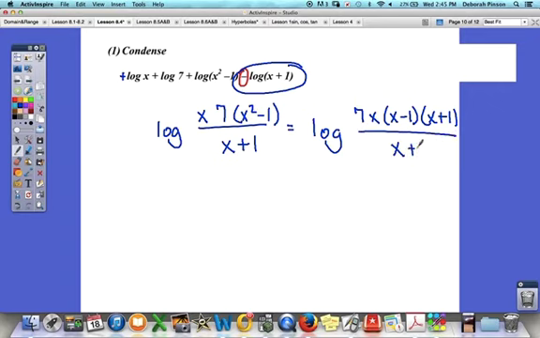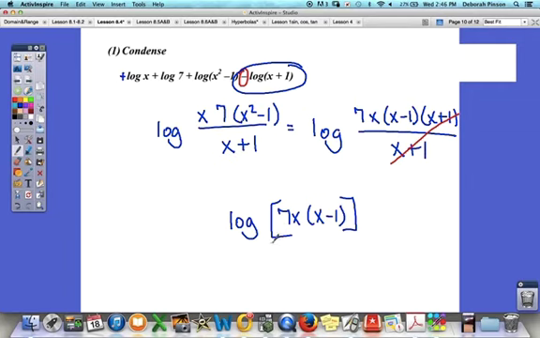Now I want y'all to look at why I would factor it. See how by factoring my x squared minus 1, difference of perfect squares, it will allow me to cancel out the x plus 1's. That just leaves me with log of 7x, x minus 1. And I think I might put that in brackets or something just to make sure it's all inside the logarithm.